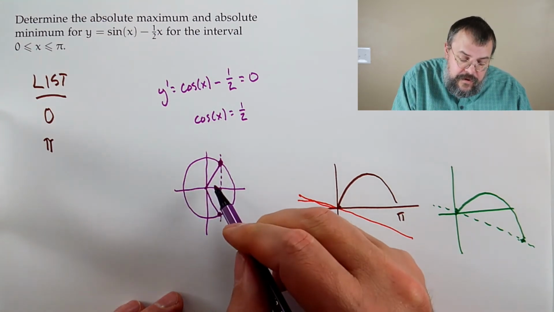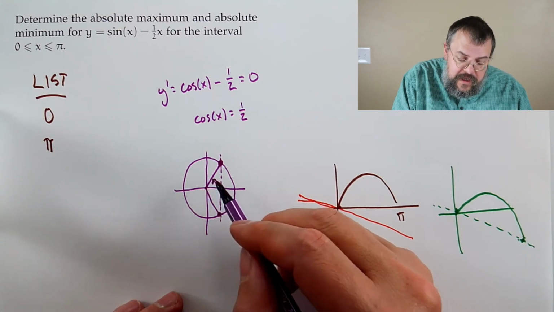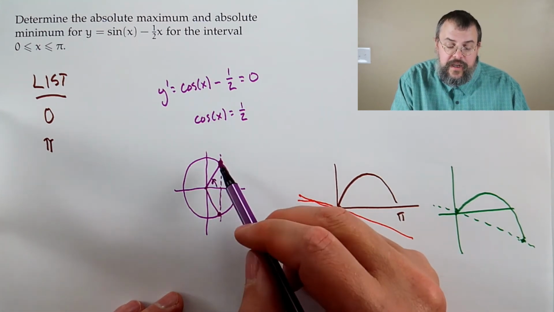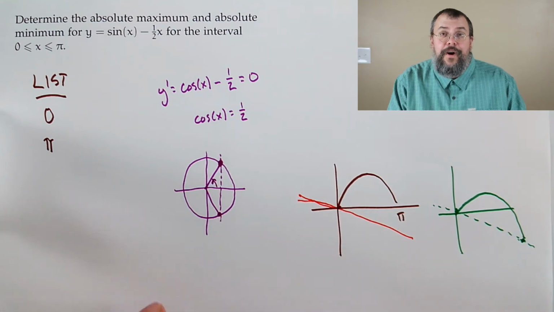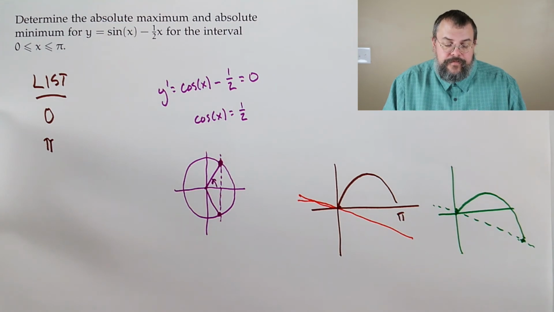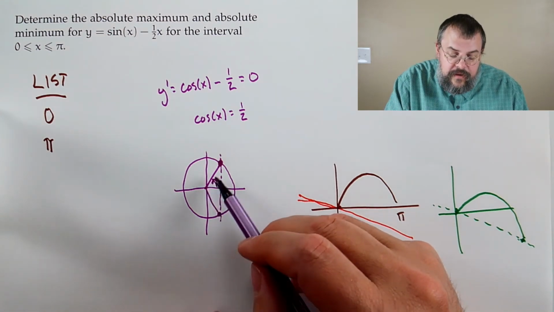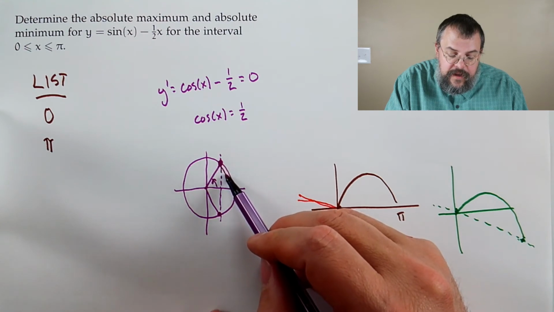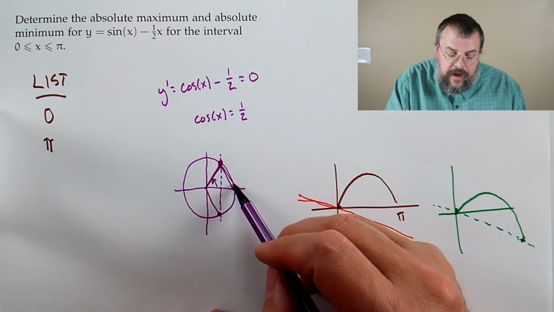So, do we know a nice convenient angle where cosine equals 1/2? Well, this is when studying trigonometry can come in really helpful. You can get a pretty reasonable sense of what's happening here because this is 1/2. It's the halfway point. That means that this looks like that.